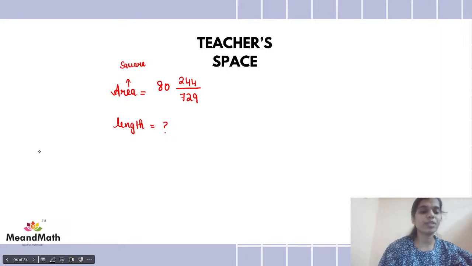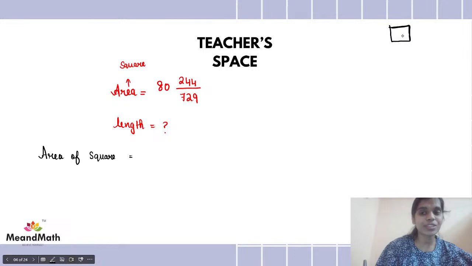What is the area formula? Area of a square equals to? Multiply by 4 gives the perimeter. Right?